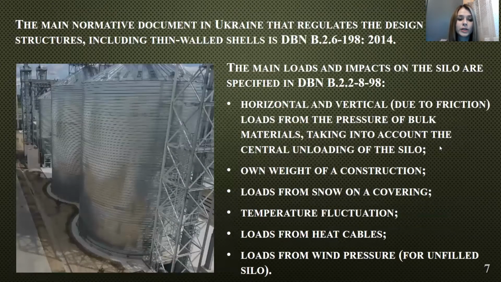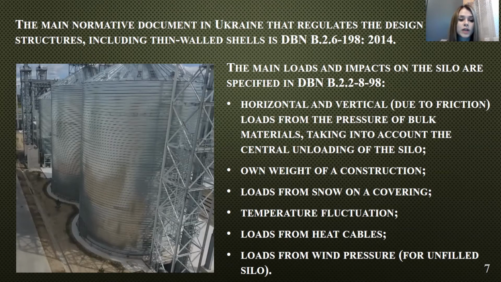The main normative document of Ukraine that regulates the design of metal structures, including thin-walled shells, is DBN. This document contains general recommendations for assessing the strength and stability of torus shells.